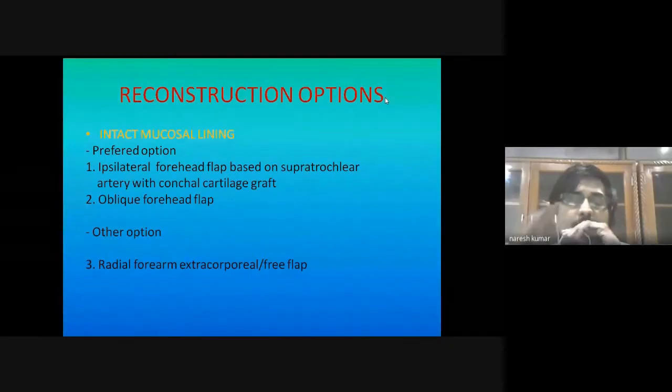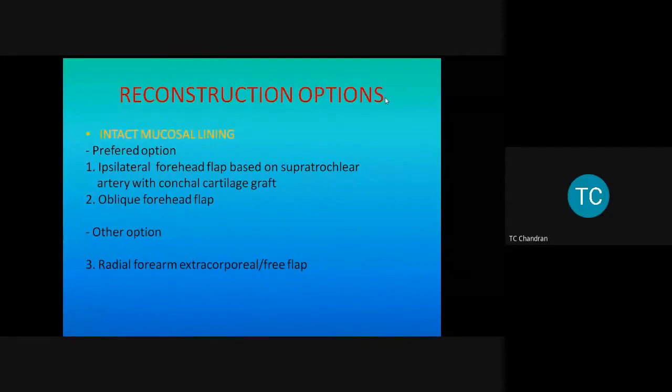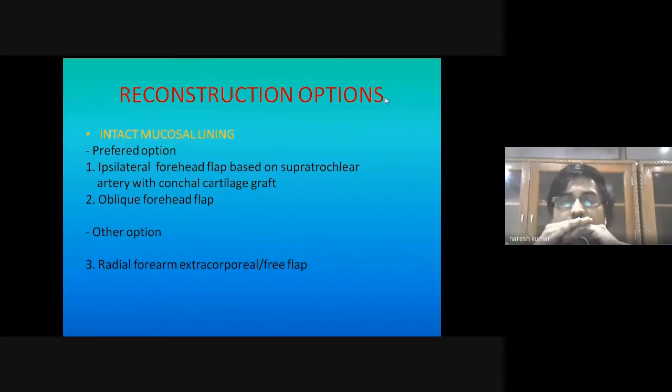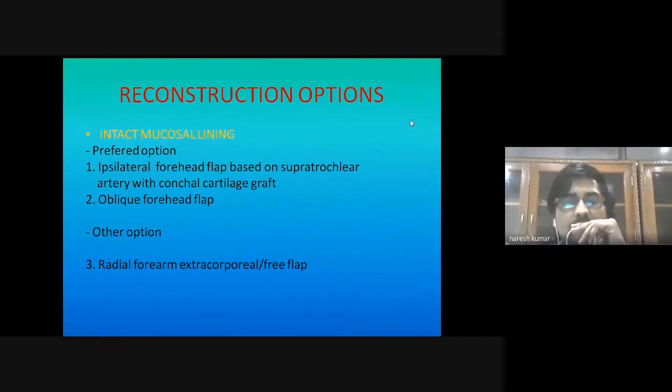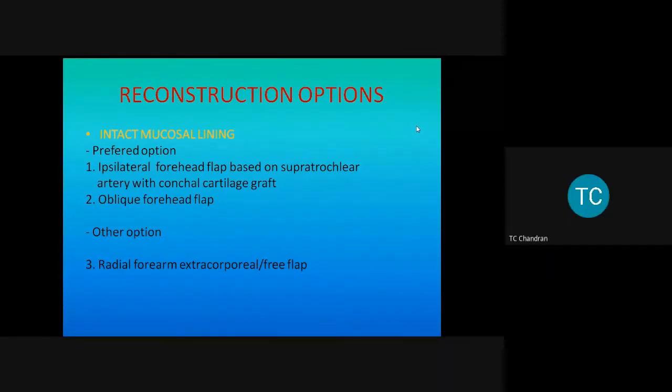If I need to replace skin and cartilage, I will give an ipsilateral forehead flap with a conchal cartilage graft. And conchal cartilage graft, you will do it in one stage, is it? Yes, sir.